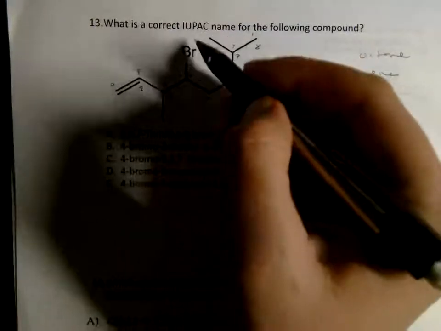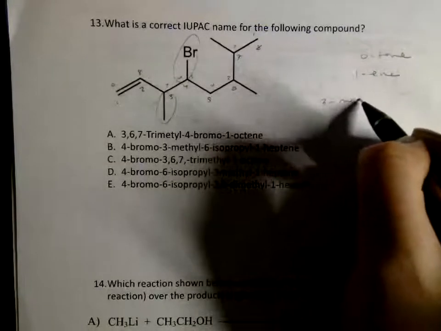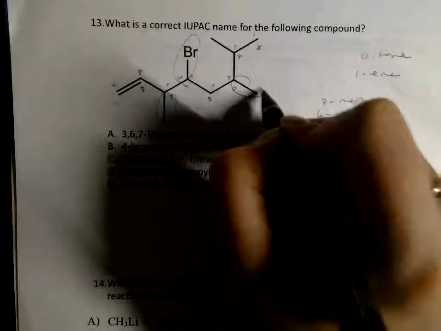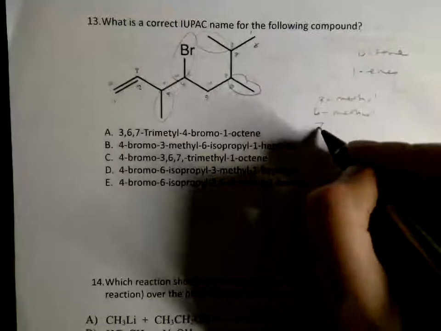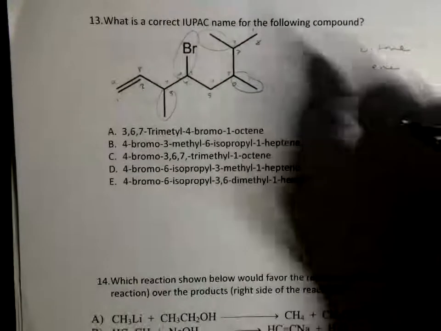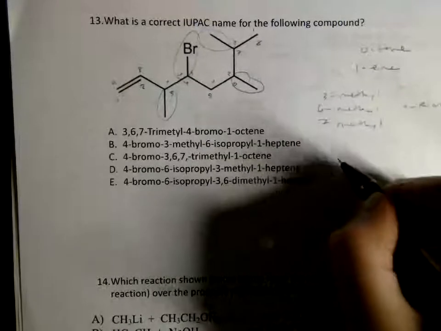And then we have 3-methyl, 6-methyl, and 7-methyl. Then we have 4-bromo. So then you combine all this.